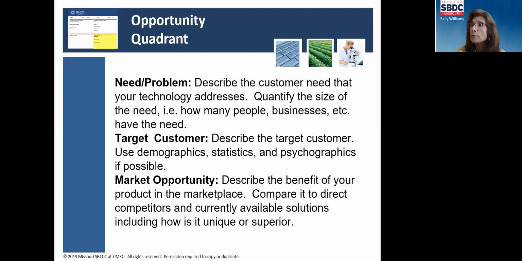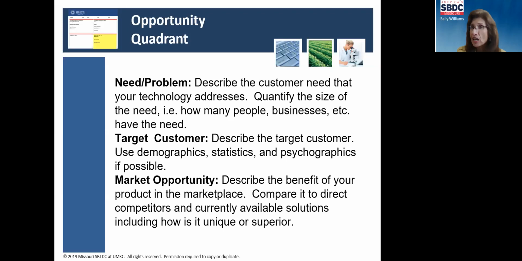You know, there's a big difference if I have 2 potential customers or if I have 2 million potential customers, okay? And SBIR is interested in substantial businesses, okay? Next is the target customer, okay? So use demographics, statistics, psychographics, if possible, to describe them. Where do you get that information?